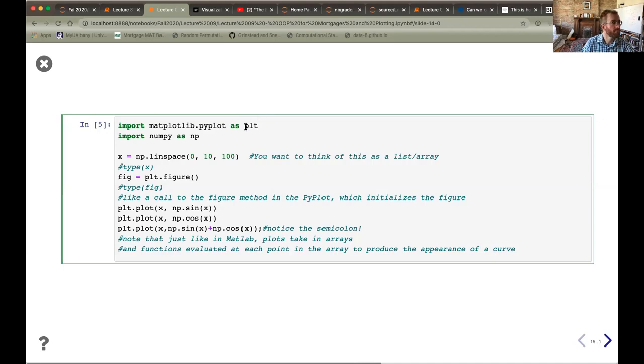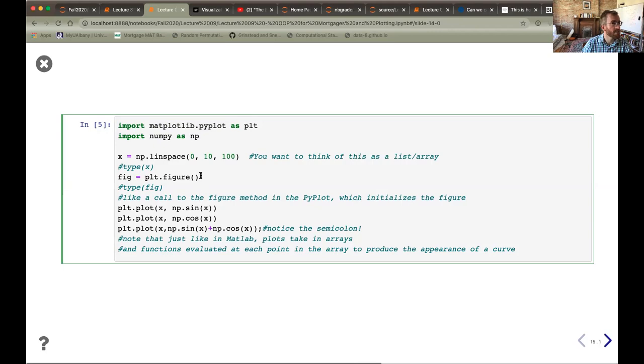And similarly, because we're going to use NumPy so much, we don't want to type out the full 5 characters of NumPy. We're just going to instead use the 2 characters NP. So anywhere you see NP or PLT, it's the nickname for either NumPy or matplotlib.pyplot. Of course, it's so much easier just to write PLT instead of matplotlib.pyplot every time.